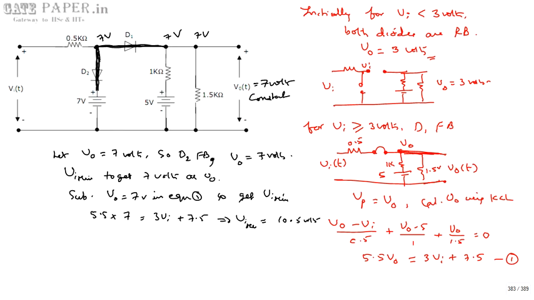Okay. So based on this, we can write three conditions. First one is V0 is equal to 3 volts for Vi less than 3 volts, and V0 simply follows the input. Then V0 is equal to 5.5 times V0 is equal to 3 Vi plus 7.5 for Vi in between 3 volts and 10.5 volts.